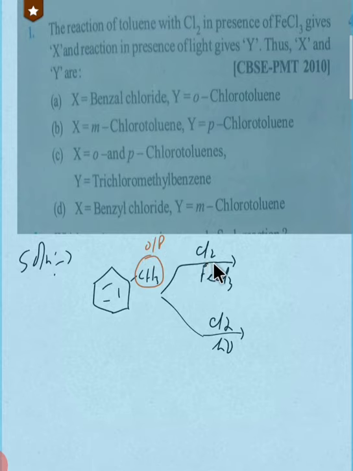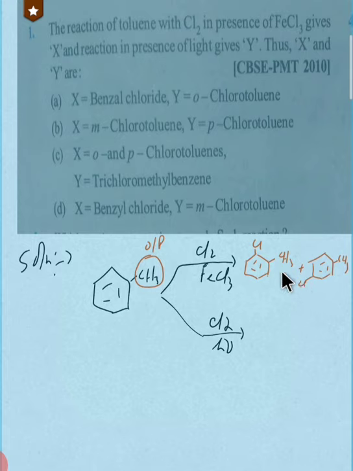So in this case, when reacted with chlorine and FeCl3, the ortho and the para products will be formed, like this. This is our methyl, and to the ortho position we will have chlorine, and to the para position we will have chlorine.